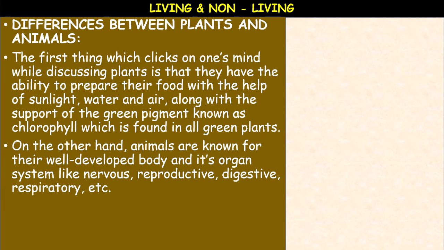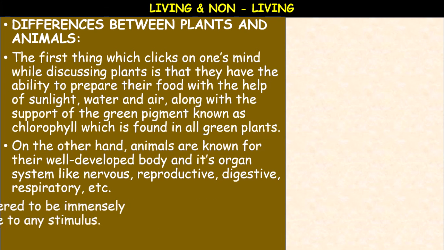On the other hand, animals are known for their well developed body and organ systems like the nervous system, reproductive system, digestive system, respiratory system, etc. In plants there are two basic systems, the root system and the shoot system, whereas in animals different types of organ systems are present which perform their own functions.